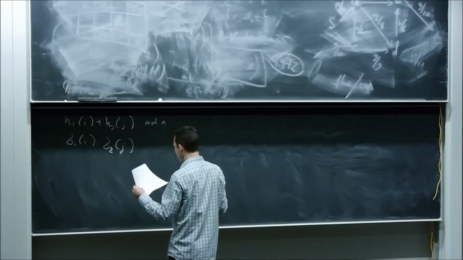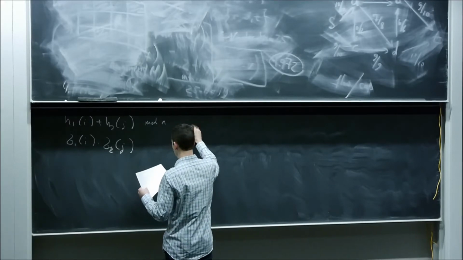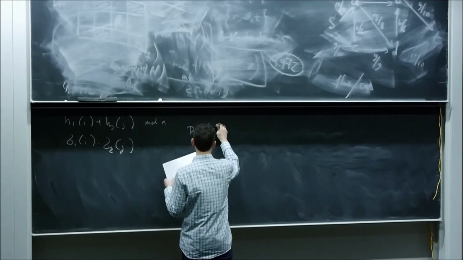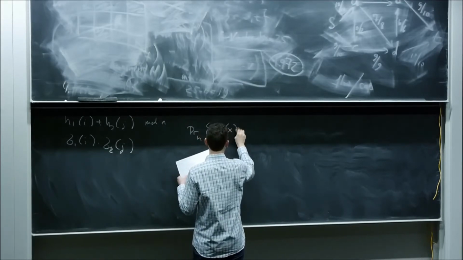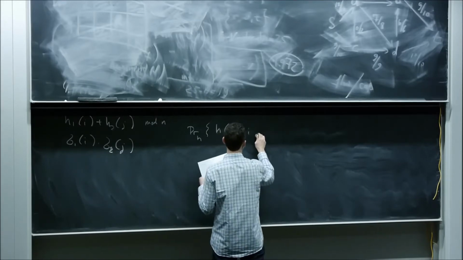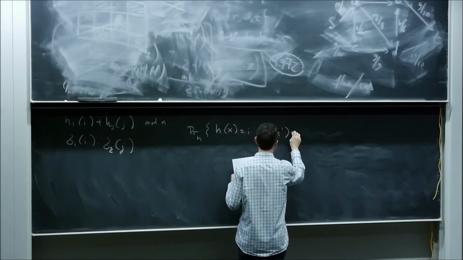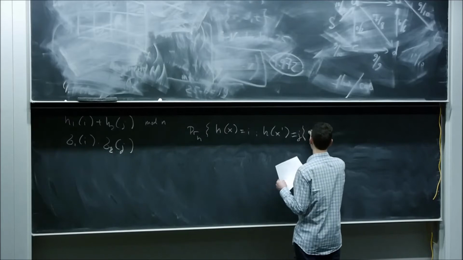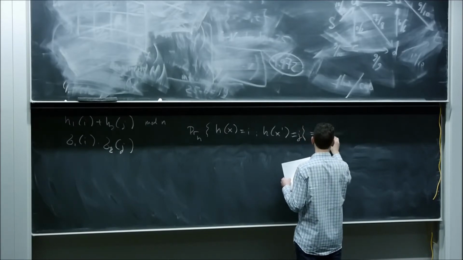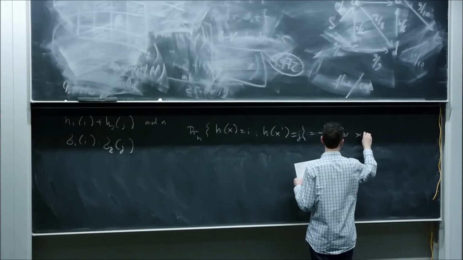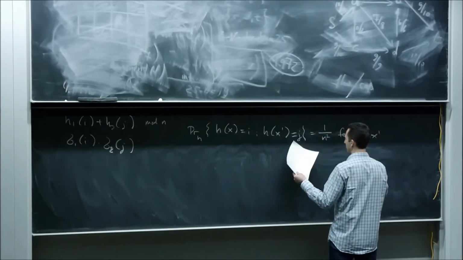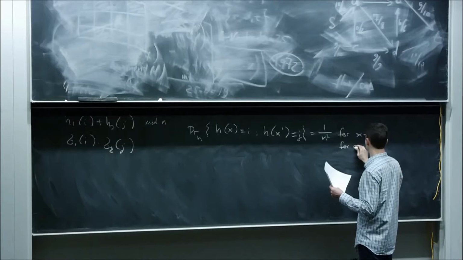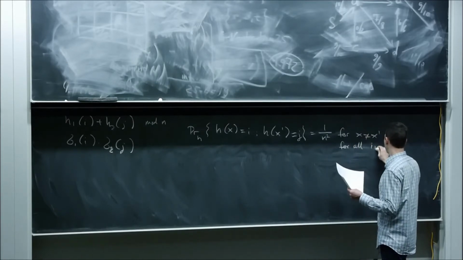So, pairwise independent means that the probability over all hash functions that hash of x equals i and hash of x prime equals j equals 1 over n squared for x not equal to x prime, and furthermore for all i and j.